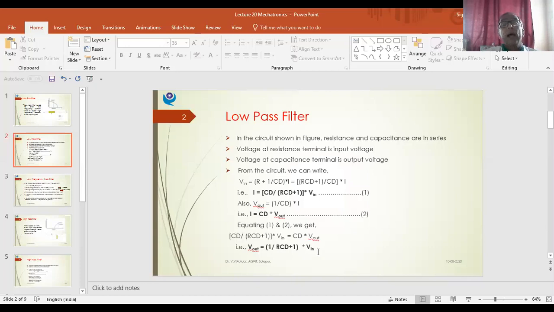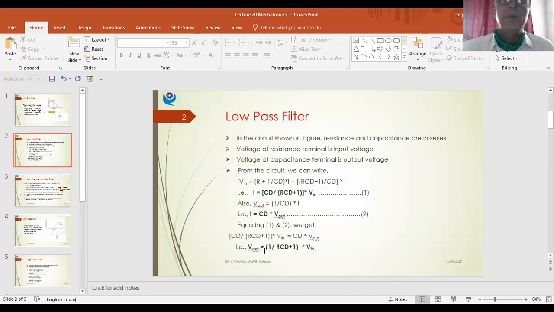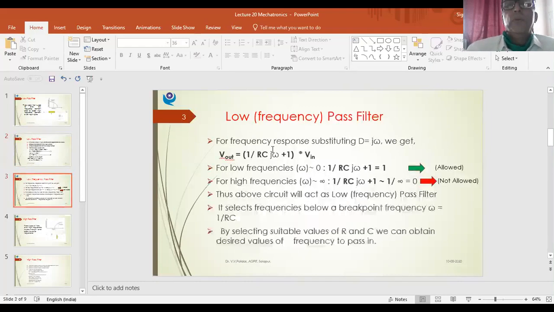Now let us see how we can mathematically prove that it allows low frequencies. We already have the transfer function. V out is equal to 1 upon RCD plus 1 bracket multiplied by V in. Hopefully you have noted that down.